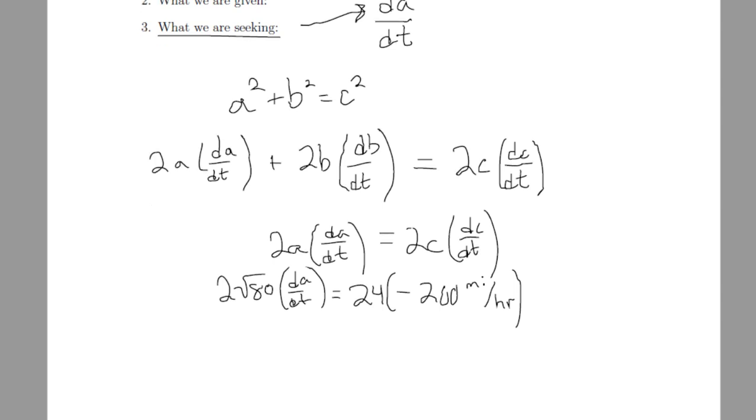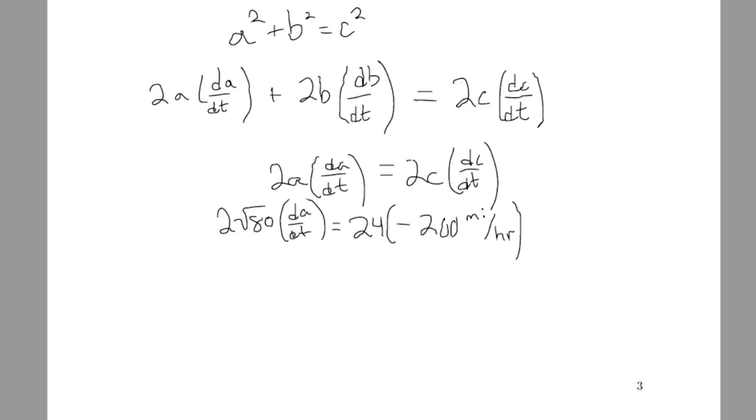All right, so we'll clean up a couple things, just do some algebra. First, we'll divide by 2 times root 80, and we'll completely isolate our dA over dt. Oops, it's not area. dA over dt equals, let's see, I'll just punch some numbers in real quick.